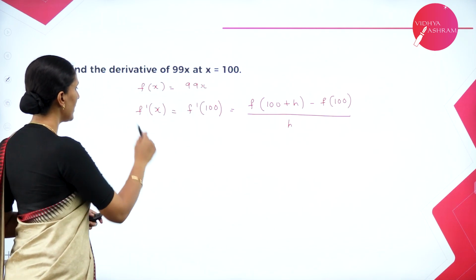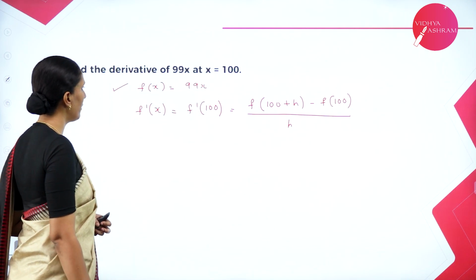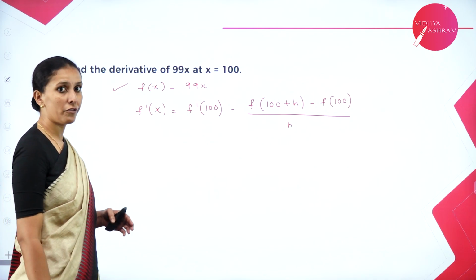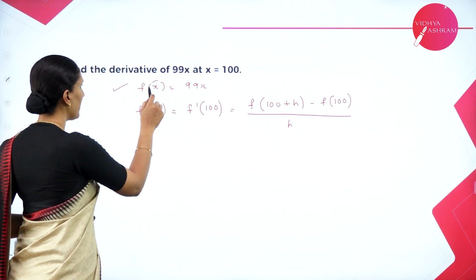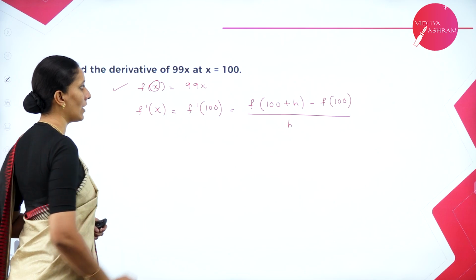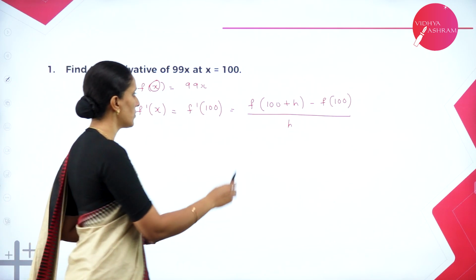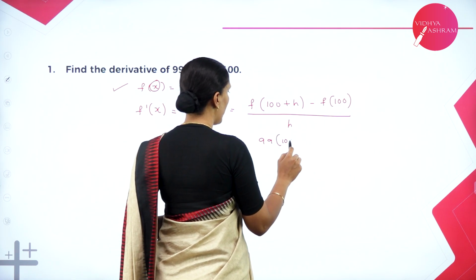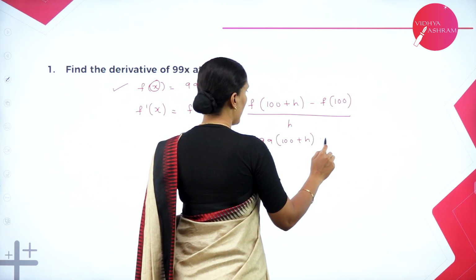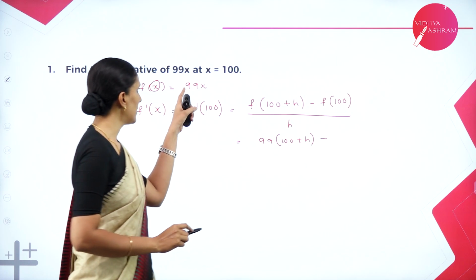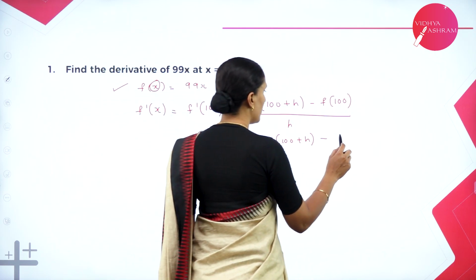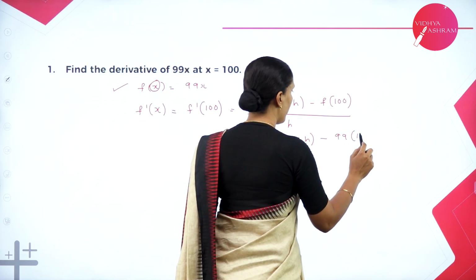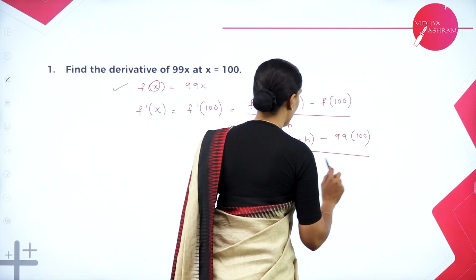Now here you can see the defined function f of x is in the form of 99x. So whatever may be the value of x, it should take the value of 99x. Therefore this becomes 99 into 100 plus h. And here f of 100 becomes 99 into 100. So 99 into 100 whole divided by h.